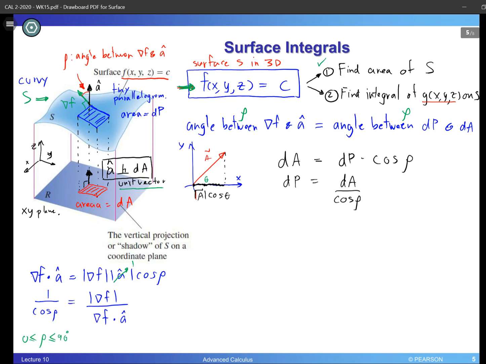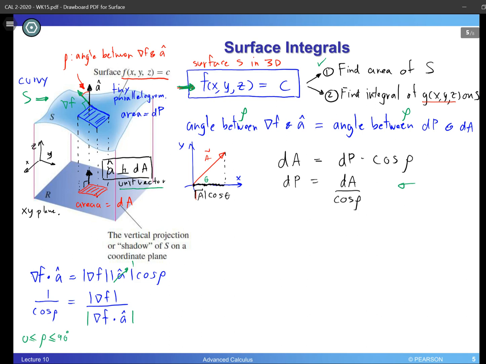In this case, we can add this absolute value here because cosine rho is going to be positive, so the whole term has to be positive. So we are going to use this in the relationship that we built right here: 1 over cosine rho equals the absolute value of gradient f divided by the absolute value of gradient f dot a hat.